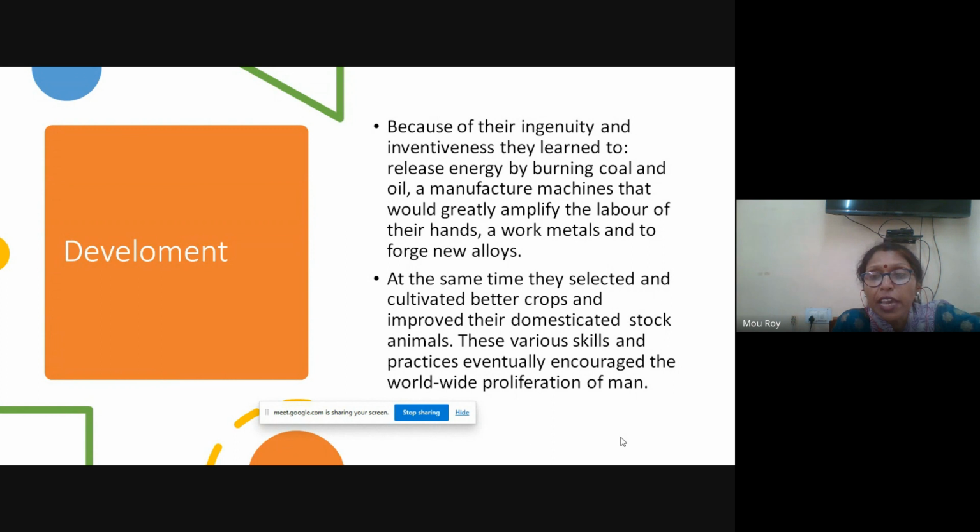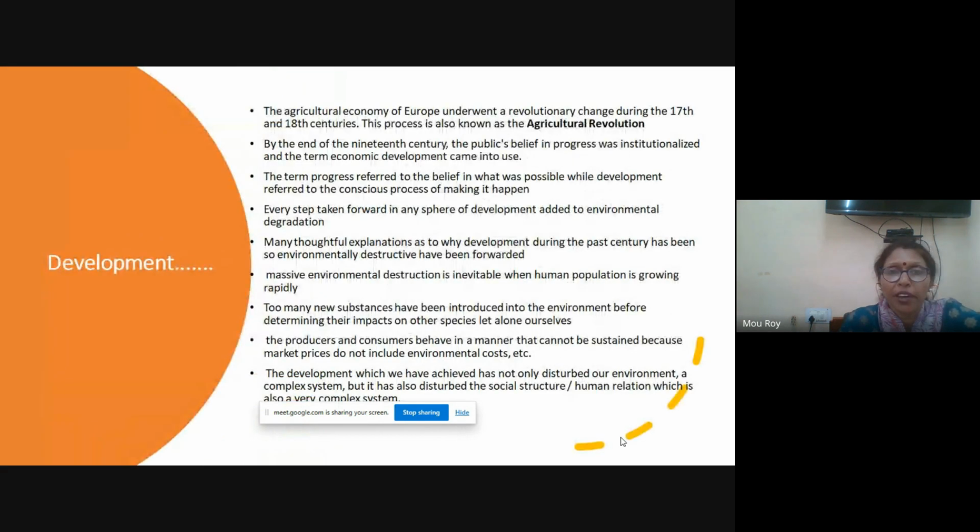I mean to say, on one side you see the industries where you need to work with the metals and the alloys, so they are having a negative impact on the environment. But on the other side, you need to cultivate better crops and improve the domesticated stock animals.